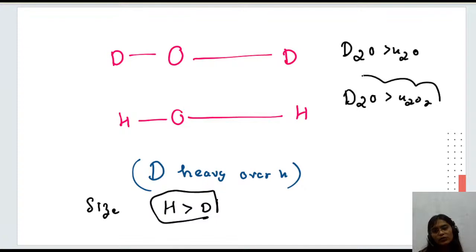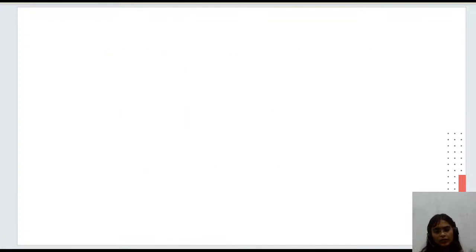Let's compare between H2O2 and D2O there. Now try to understand again. We are going to compare the same thing. This is a normal question: banana is important, orange is important, or apple is important in day-to-day life, so which fruit do you want to select? You are going to say, I guess, every fruit is important, right?